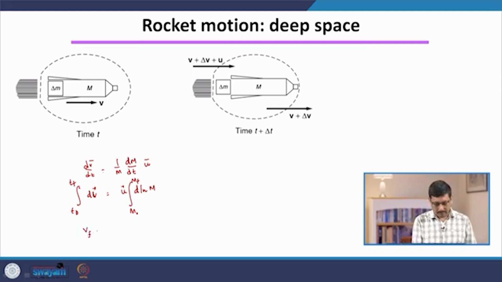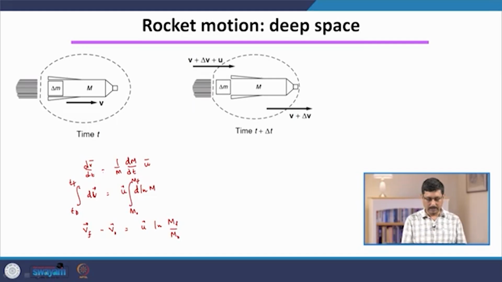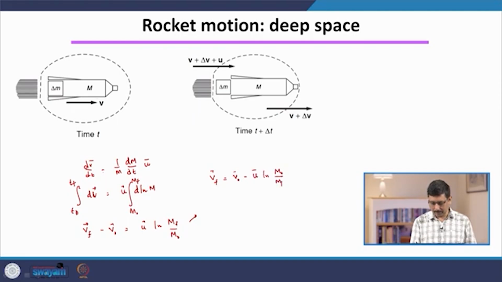Then we get Vf, the velocity at tf, minus V0 is equal to, the u is a constant, so you can take it outside the integral, so this will be log mf by m0. Now, note that the rocket's mass is decreasing, so mf is less than m0, that means this log must be negative. So, we can acknowledge that and write Vf is equal to V0 minus u log m0 by mf.